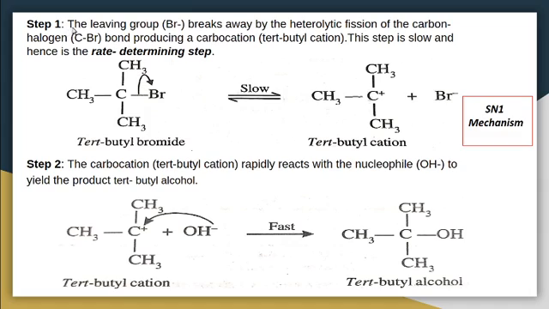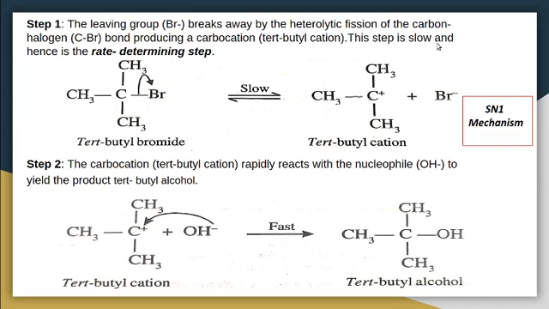So step 1 is that the leaving group breaks away by the heterolytic fission of the carbon halogen bond, producing a carbocation, that is, the tertiary butyl cation. Among primary, secondary and tertiary alkyl halides, this is the most stable carbocation.